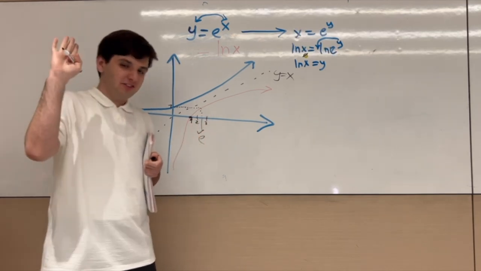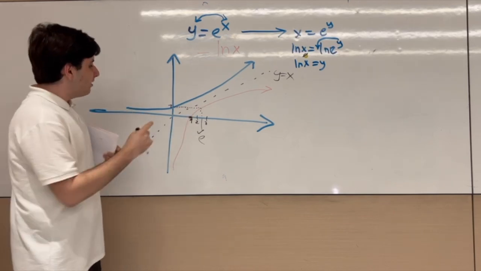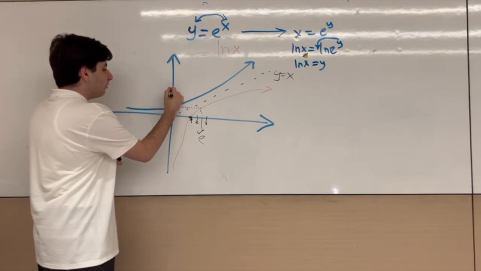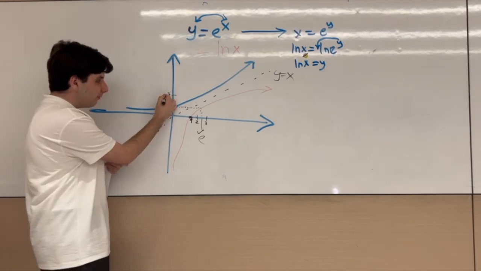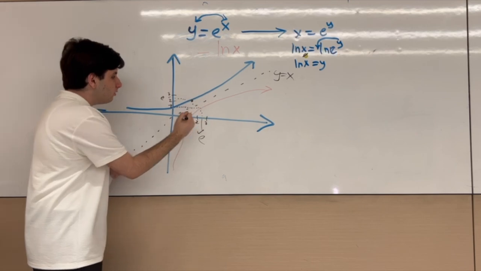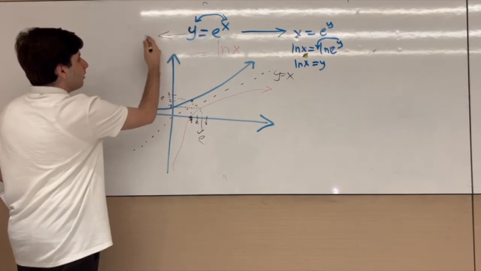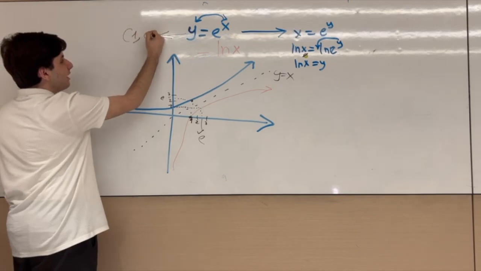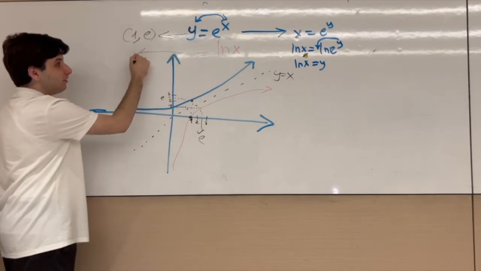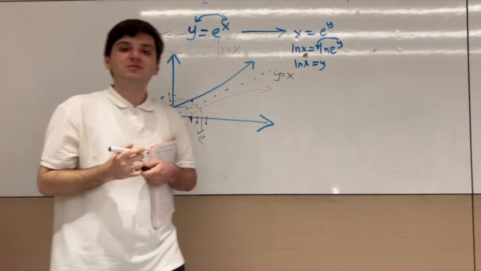So you see how it works. This function gets the values 1, e, but the other function gets the values e, 1. That's how an inverse function works.